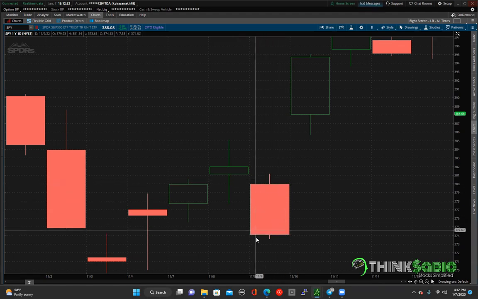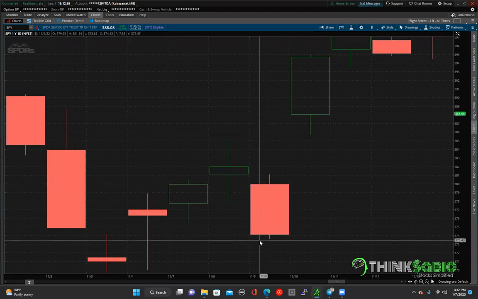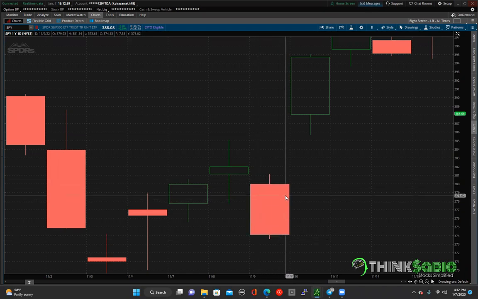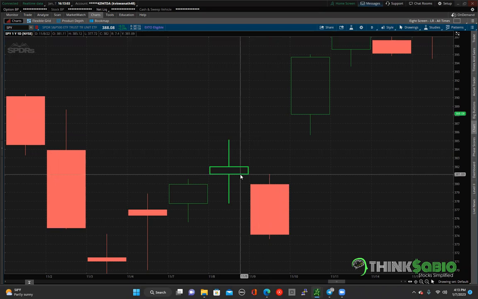And based on how the candle is formed, there are many stories. Just by looking at the candle, you can say, okay, in a given day, S&P 500 opened at 381 and it closed at 381.95, around 382. But then you see these long wicks.